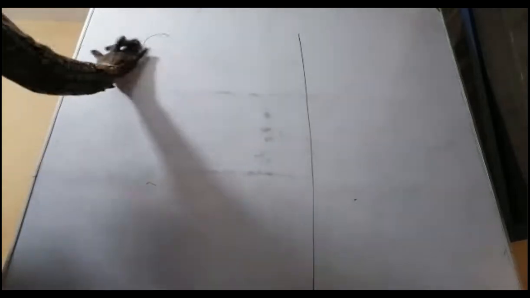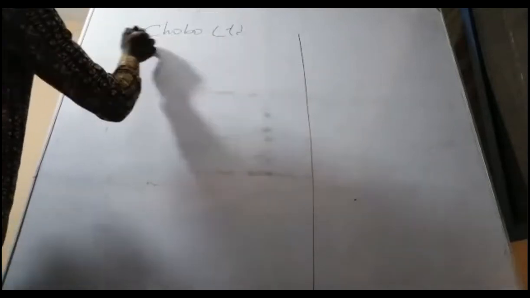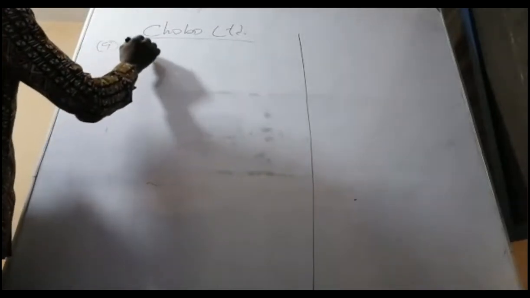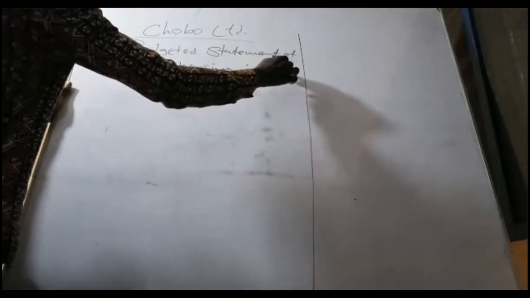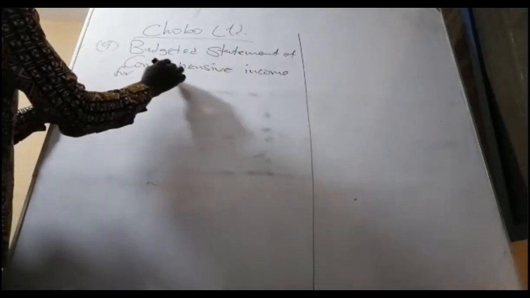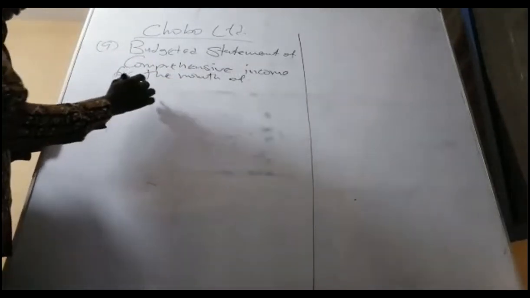So Chobo Limited. A budgeted statement of comprehensive income for the month of, start October, right?